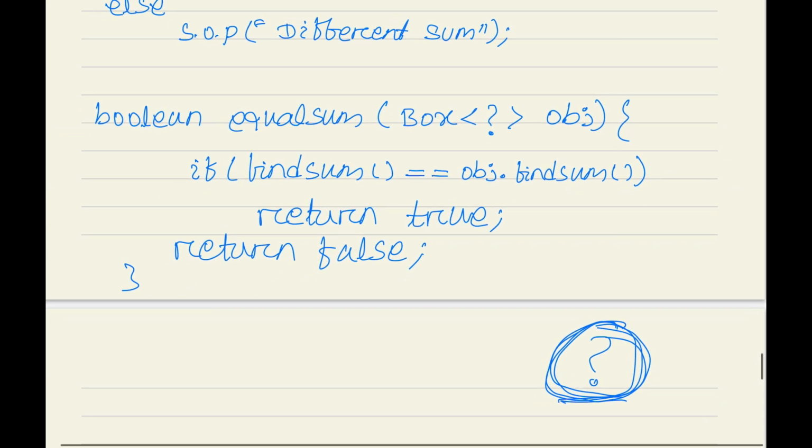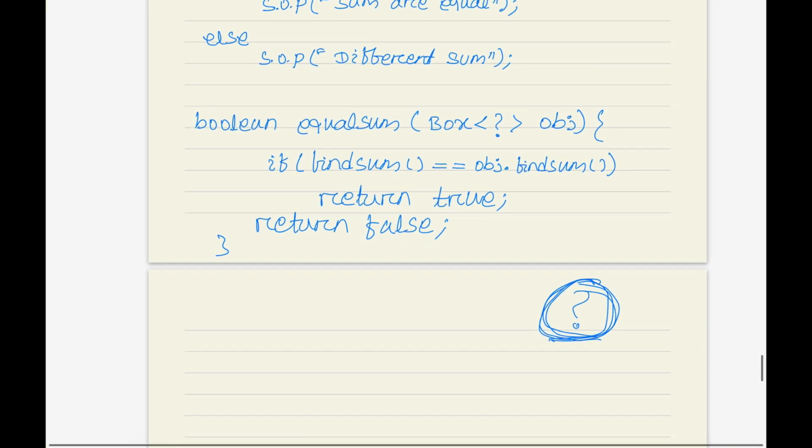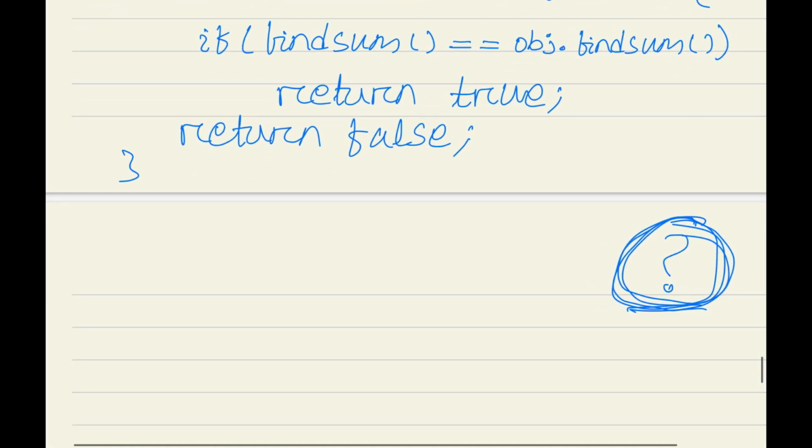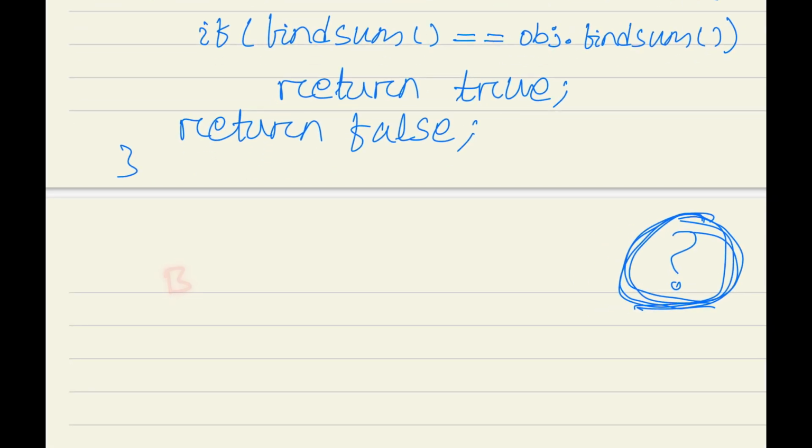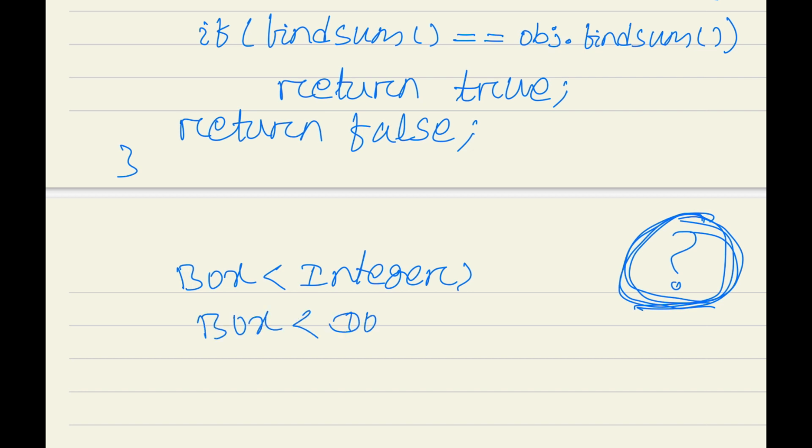That means obj is of type Box and the caller is also of type Box, but they may be different, like one may be of type Box<Integer> and another of type Box<Double>, or Box<Short>.